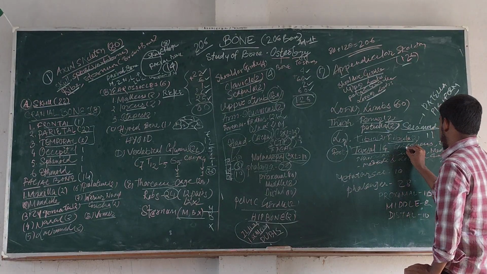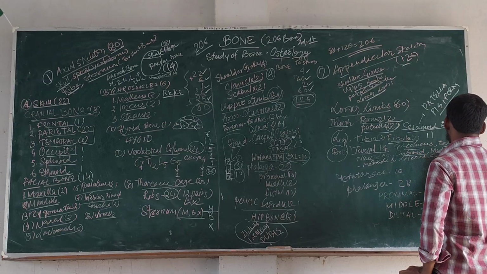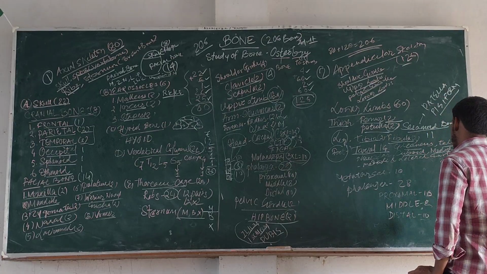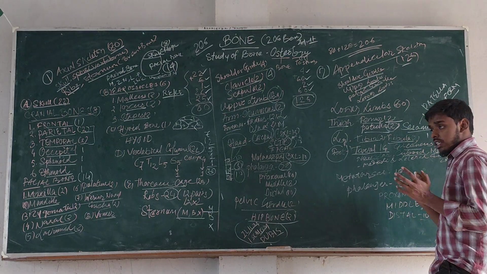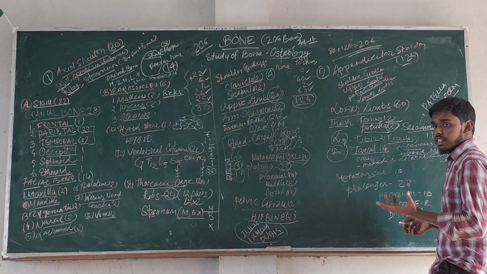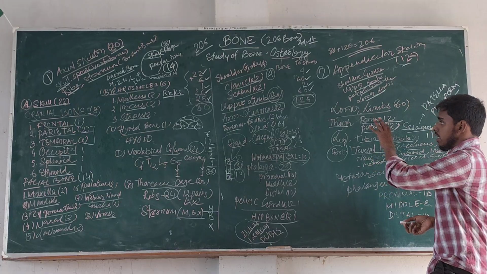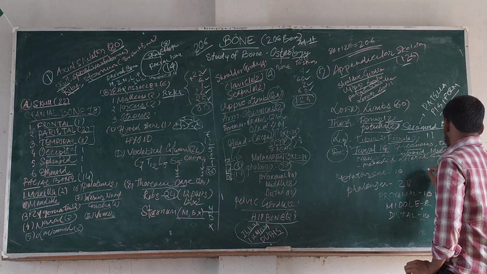The bones are calcaneus, talus, navicular, cuboid, medial, intermediate, and lateral cuneiform. These are the 7 bones. You may remember these bone names. These are important from the point of view of exams. So these are 14 in number.